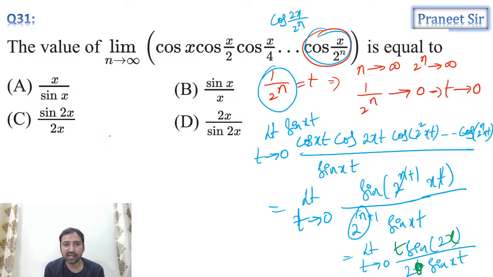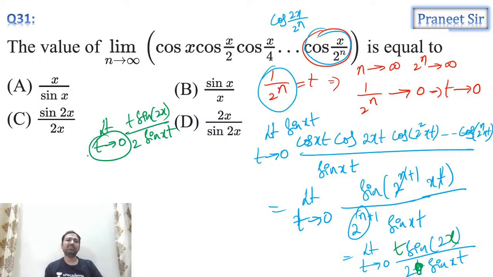So the final answer we're getting is limit t tending to 0, t into sin 2x by 2 into sin xt. But see, when t is tending to 0, can I replace sin xt with xt? Here the variable is t, guys, not x.